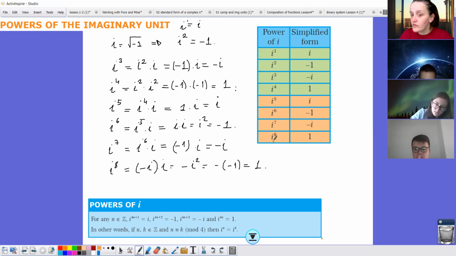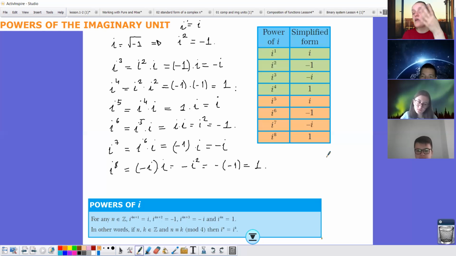If you continue to find i to the power of 9, it will be i. i to the power of 10 will be -1. i to the power of 11 will be -i. So it is always like this. In every 4 terms, it will repeat itself.